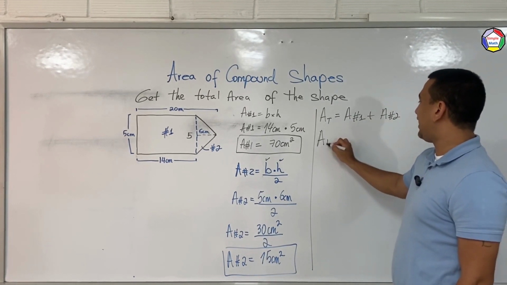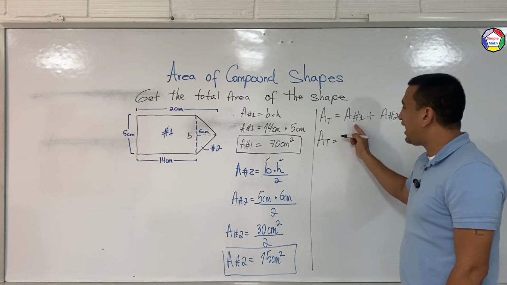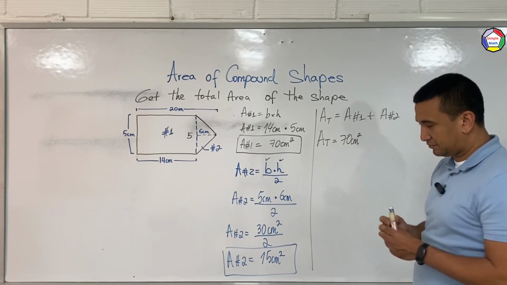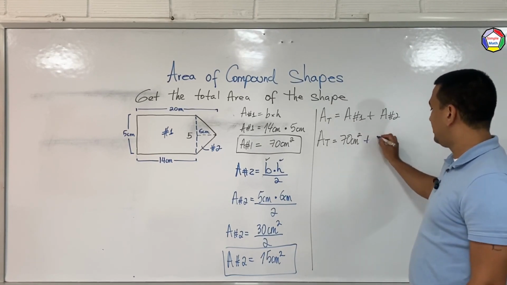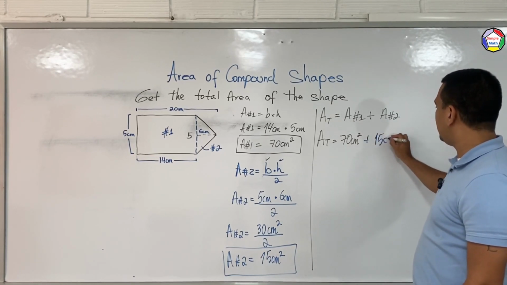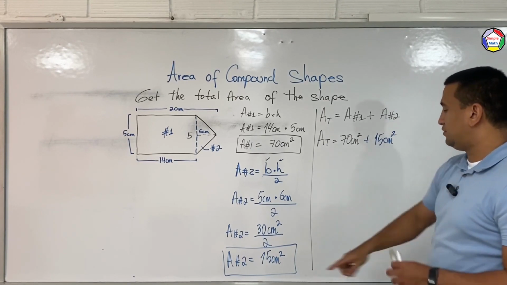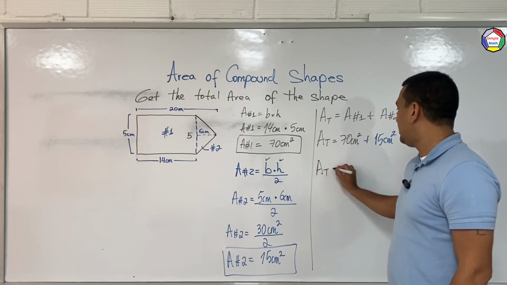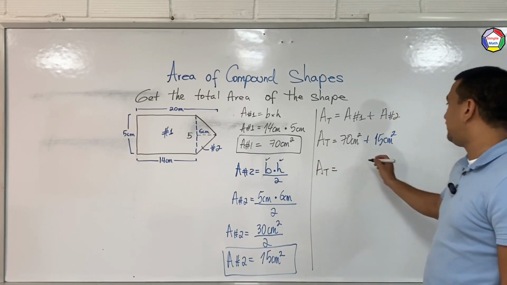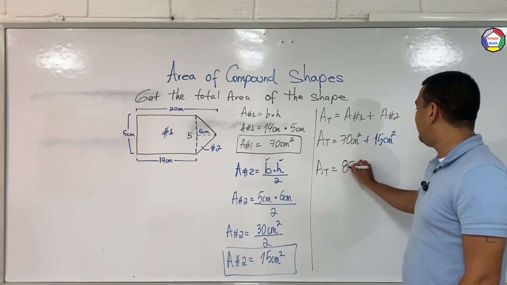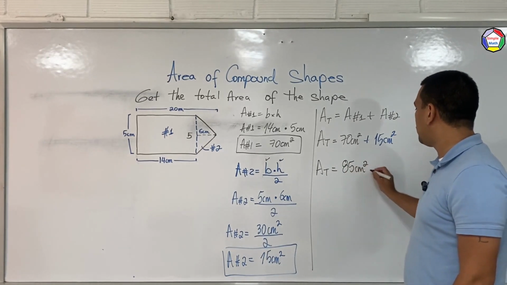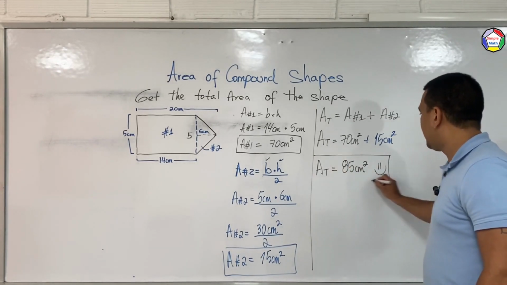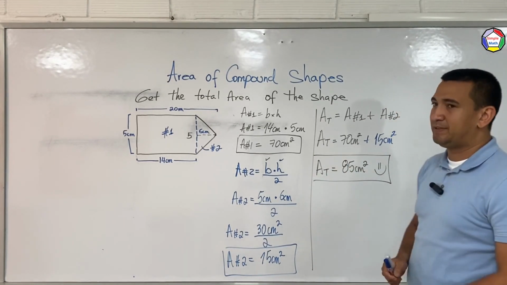So the total area is equal to 70 centimeters squared plus 15 centimeters squared, which is 85 centimeters squared. Ta-da! And that's the way we calculate the area of the total shape.